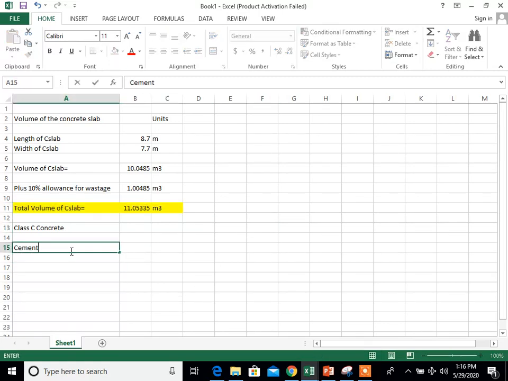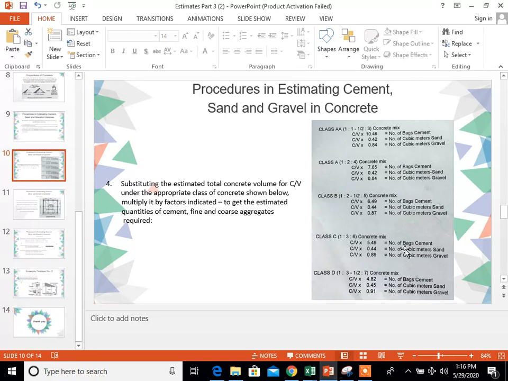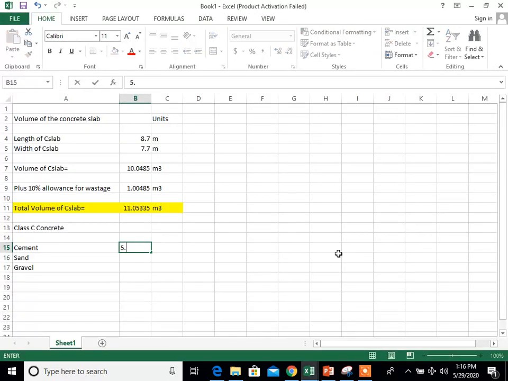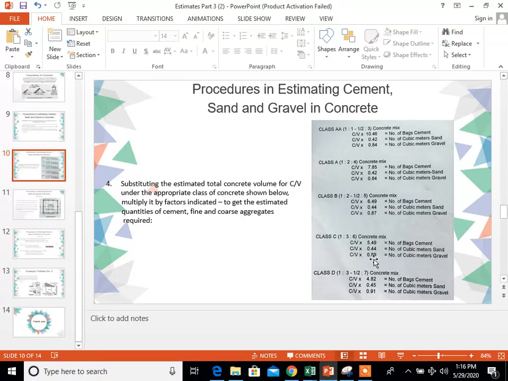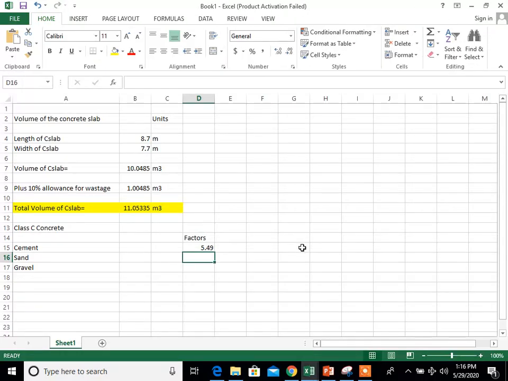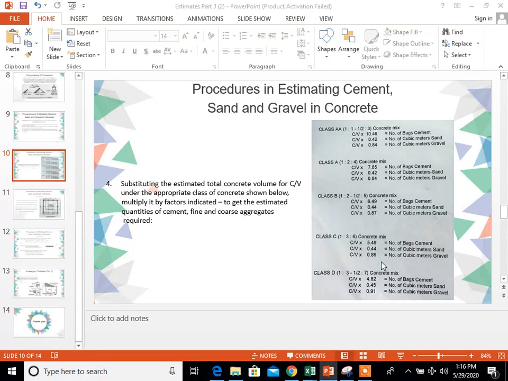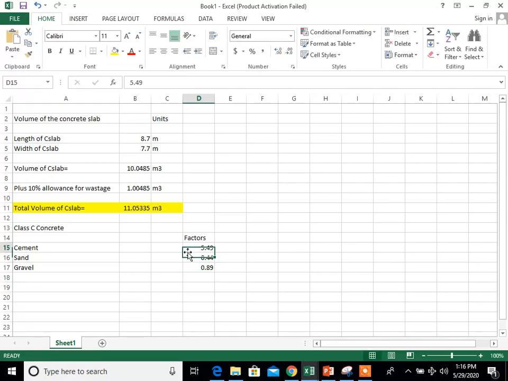For cement, sand, and gravel, the factors for Class C concrete are 5.49 for cement, 0.44 for sand, and 0.89 for gravel. Then the total volume of the concrete slab is 11.05335, so let's just copy it.